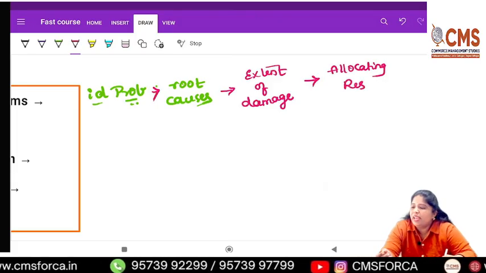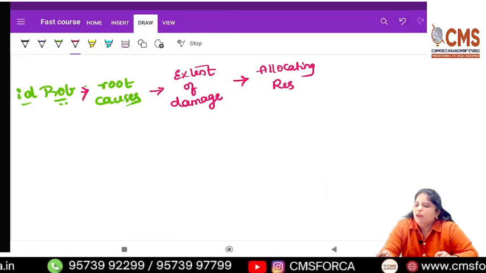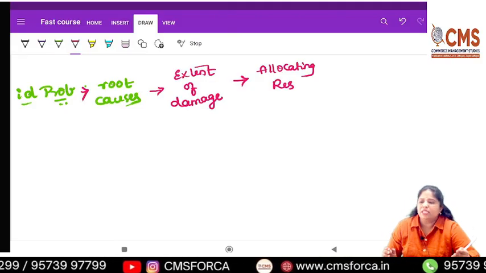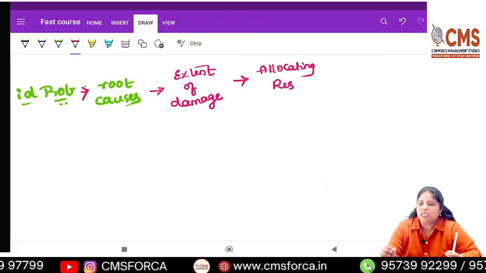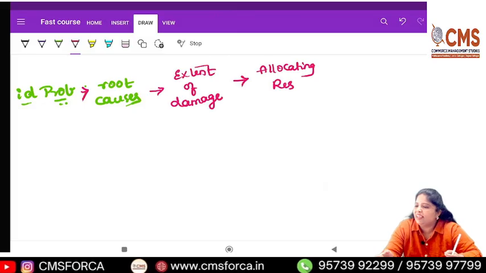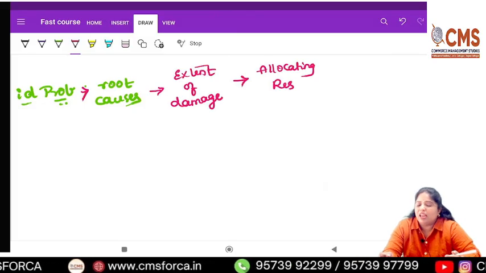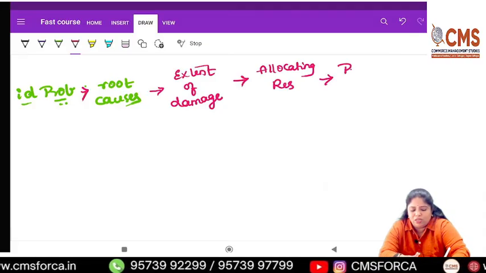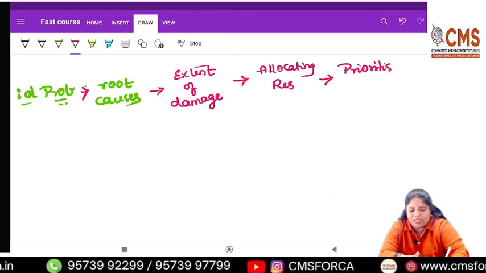When you allocate resources, you try to prioritize. You can't go on allocating resources for minimal tasks, normal areas. Always allocate resources only by assessing the priority of the areas.